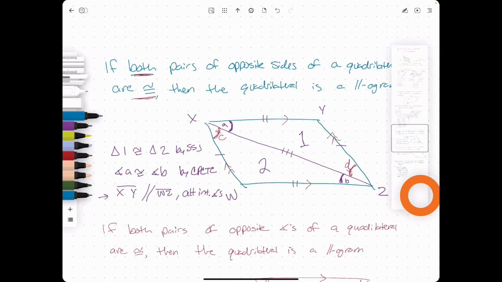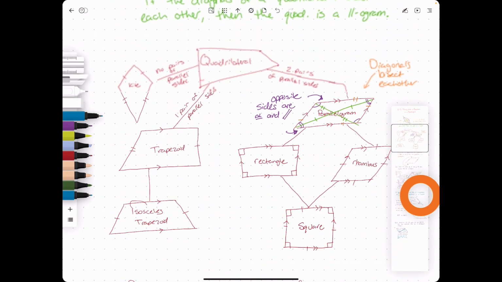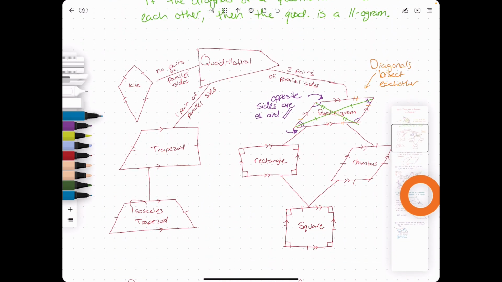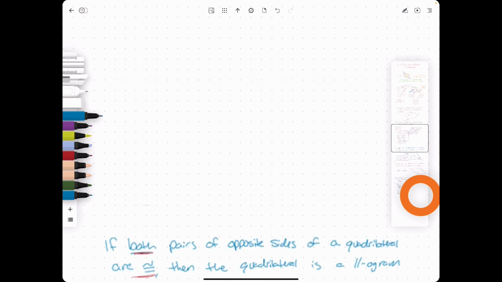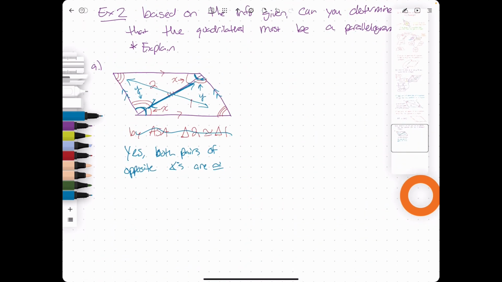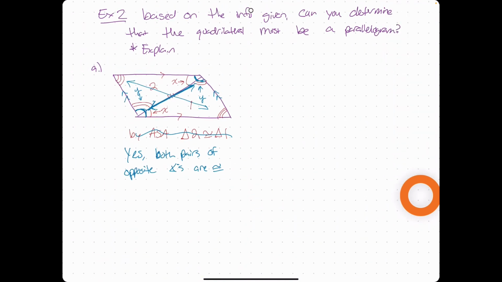I'm going to scroll up there real quick. Oh, we did have it in there. I told you we'd keep coming back to this thing. So yes, both pairs of opposite sides are congruent.